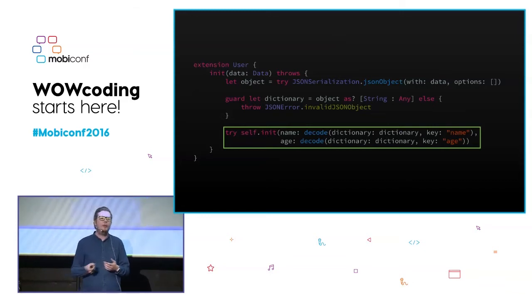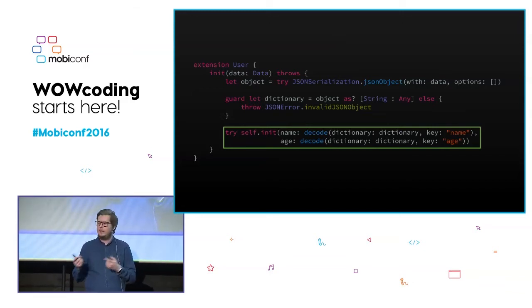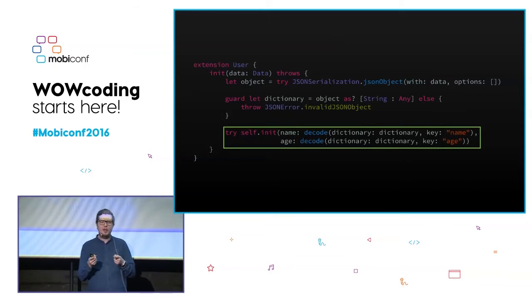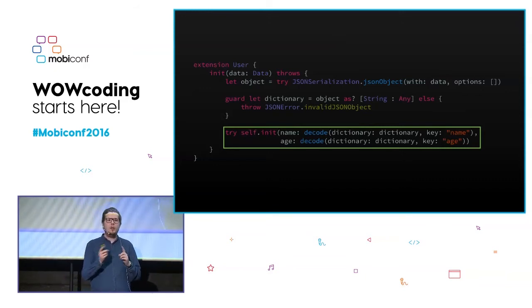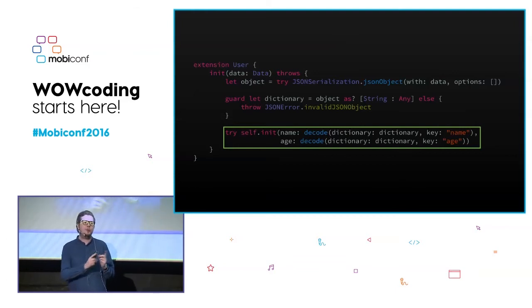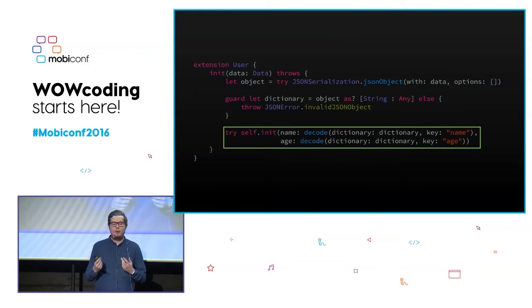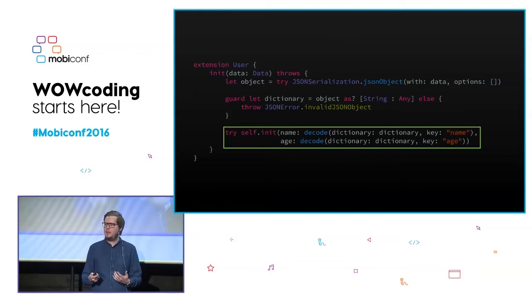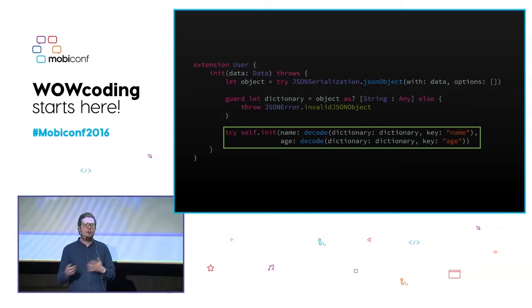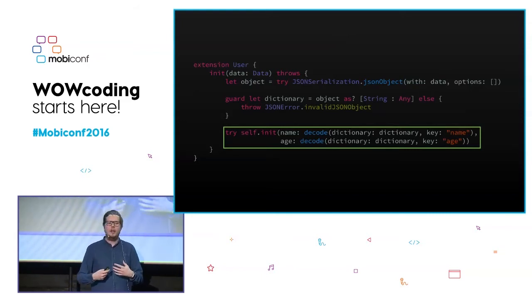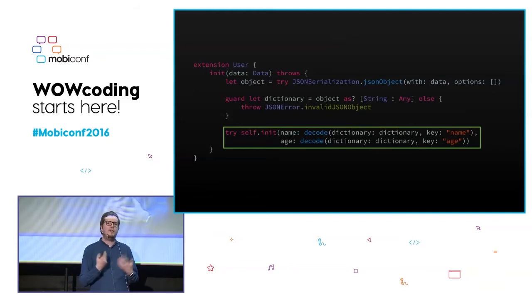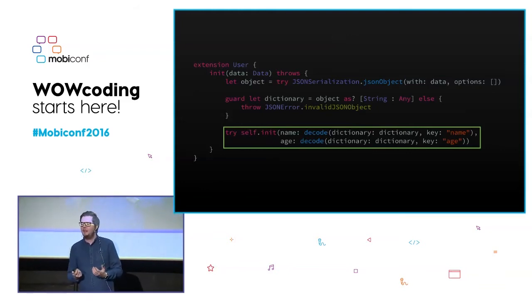And this is pretty cool because that way Swift knows that since I'm trying to initialize the name property, it's a string, and the age is an integer, it already knows that. So it dispatches to the right method or the right function. I don't have to manually specify that this is decoding a string or this is decoding an integer. The compiler takes care of that for me and is done statically, so it's really fast.